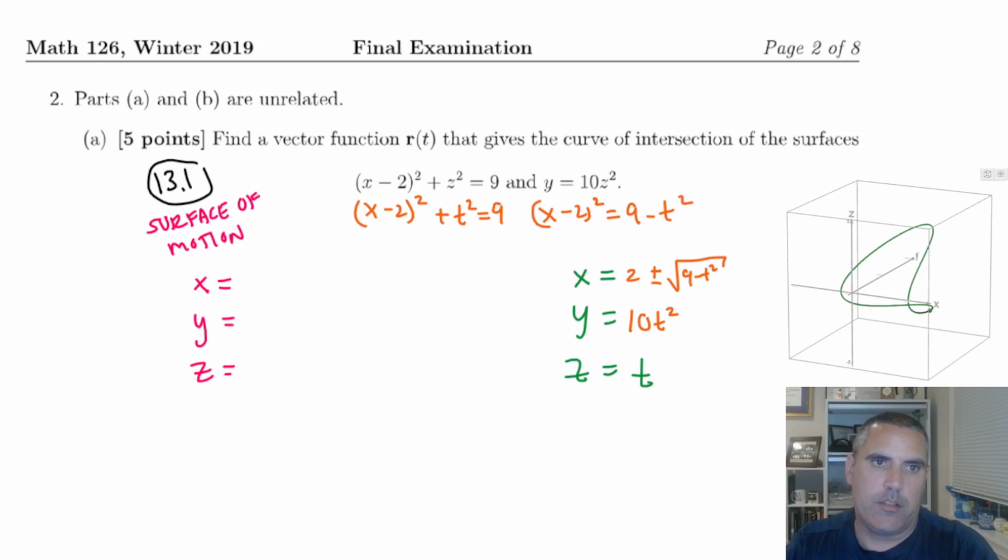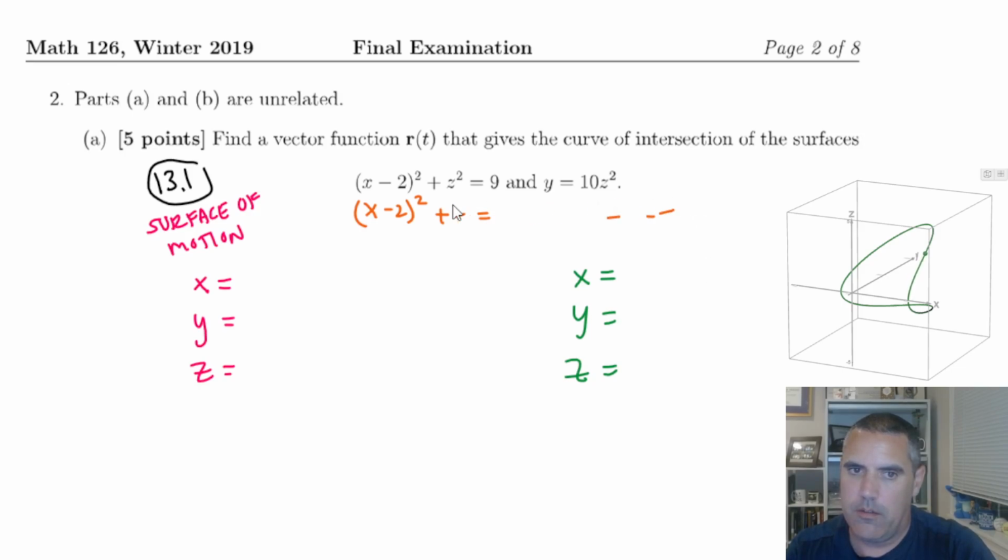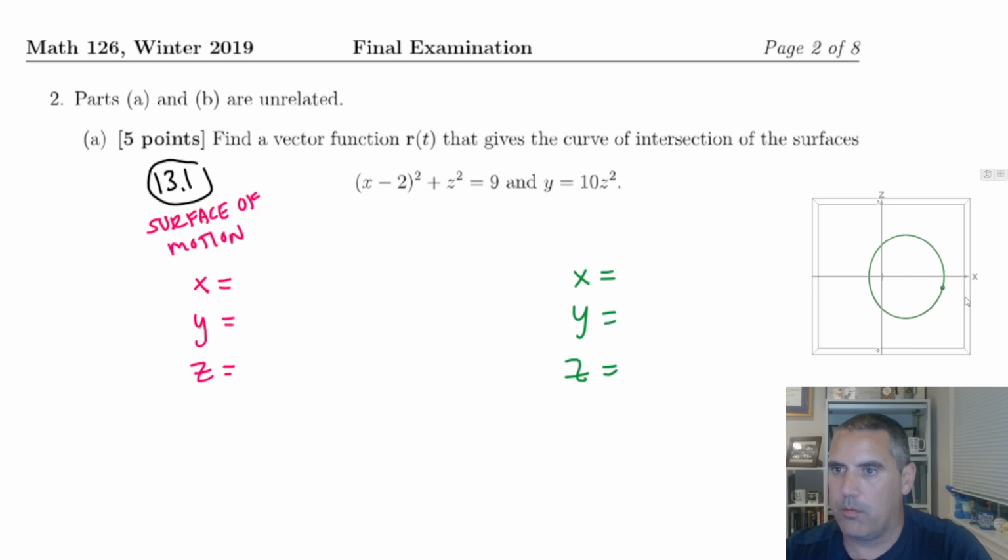That was one way to do such a problem, but we said if there is a circle involved, there is another way. Try to use a circular parameterization. And this thing does look like a circle from the side. So let's parameterize that circle. The standard way we parameterize the circle is we have this be cosine, and we have this be sine.